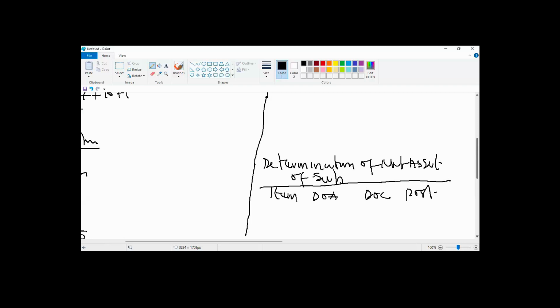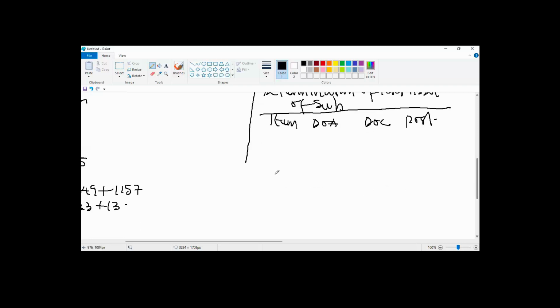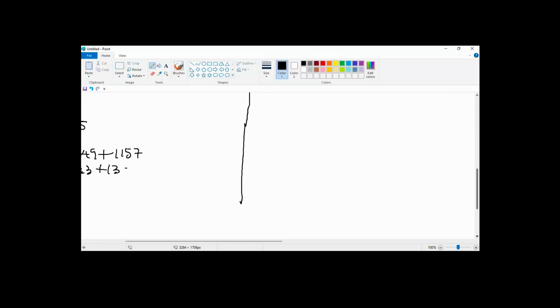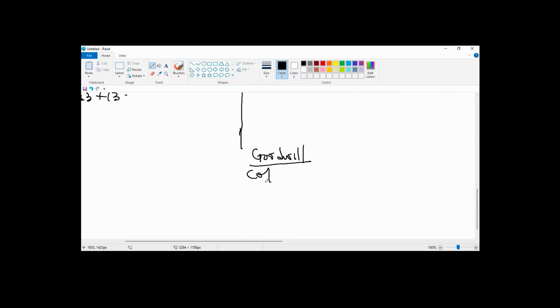Don't forget the formula for the goodwill. For the goodwill, I know the formula. Cost of investments, add NCI, purchase consideration, or less the net assets at the date of acquisition, goodwill.